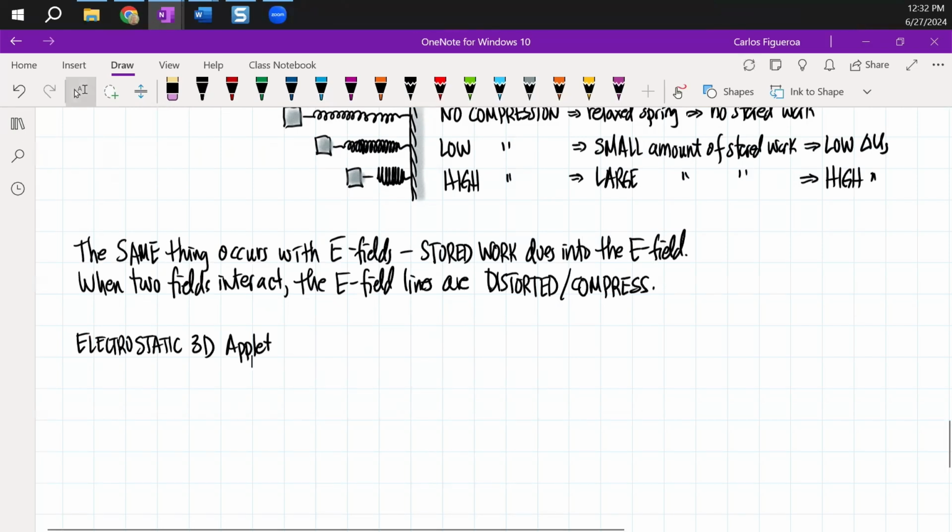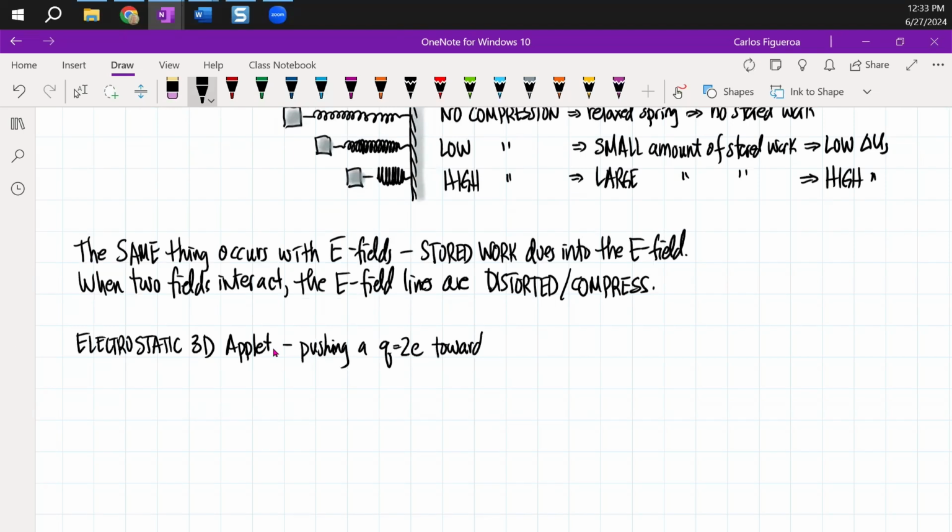And what I did here is I'm pushing a charge equal to 2e towards a source charge of q equals 5e.